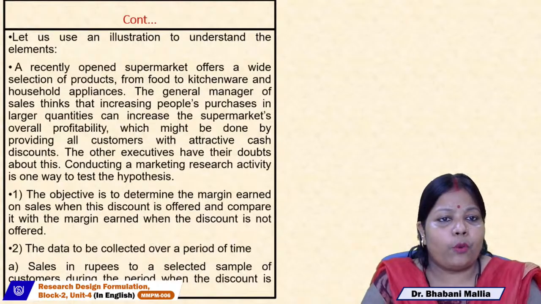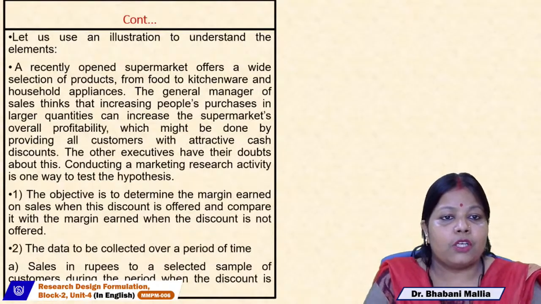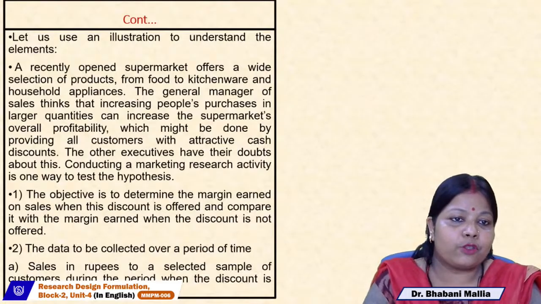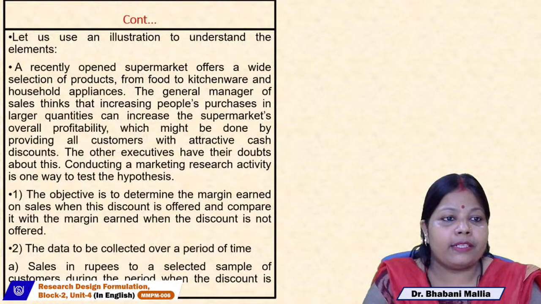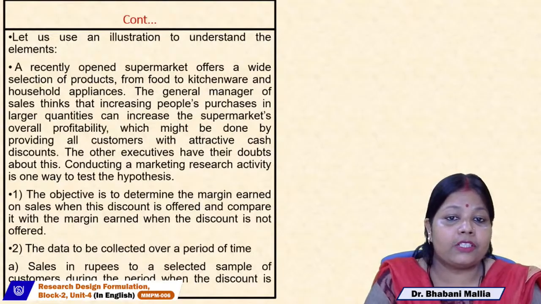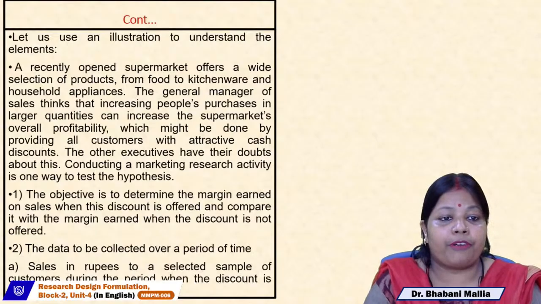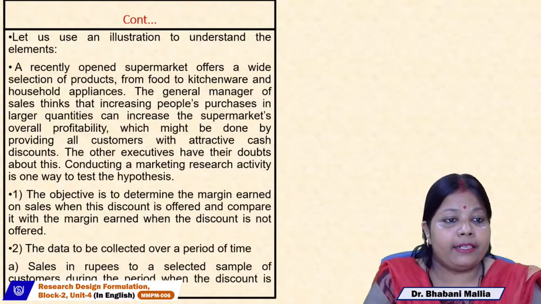A recently opened supermarket offers a wide selection of products, from food to kitchenware or household appliances. It is a situation of market research. The general manager of sales thinks that increasing people's purchase in larger quantity can increase the supermarket's overall profitability, which might be done by providing all customers with attractive cash discounts.